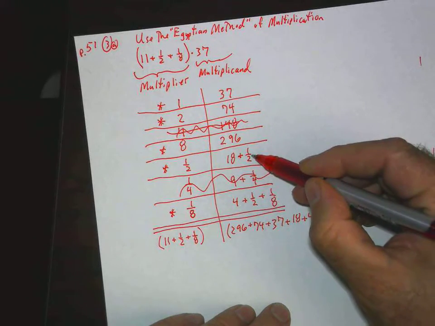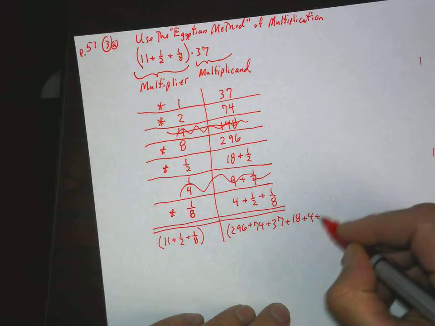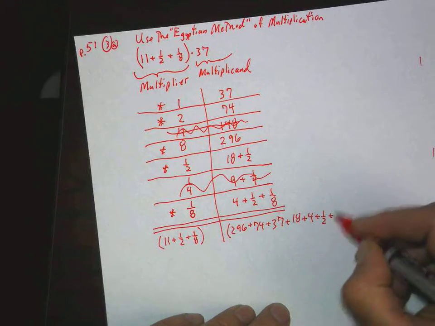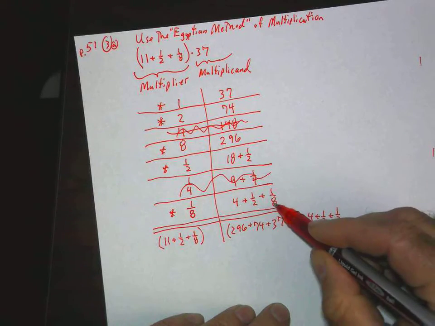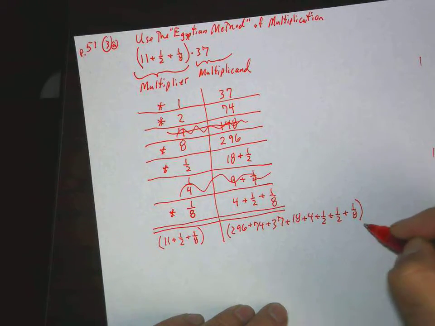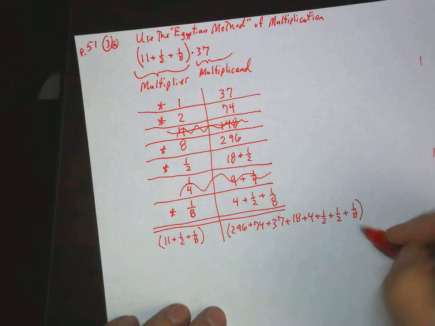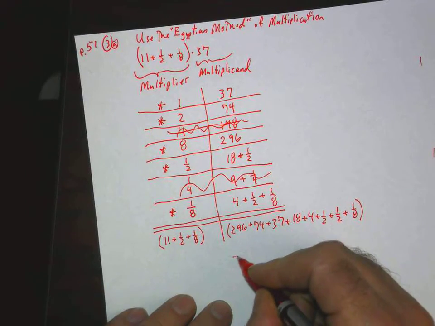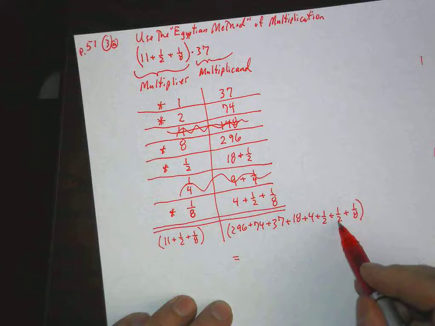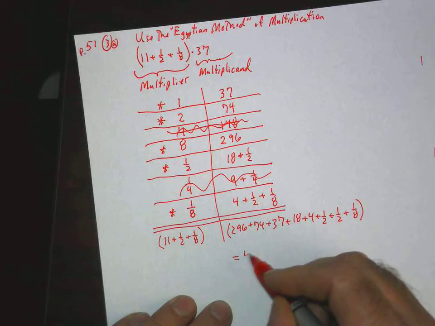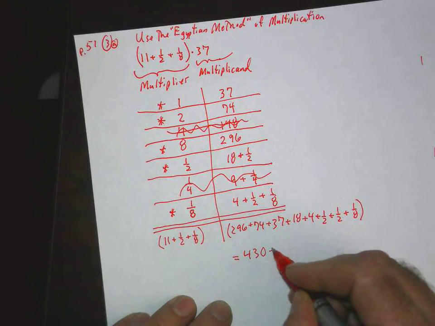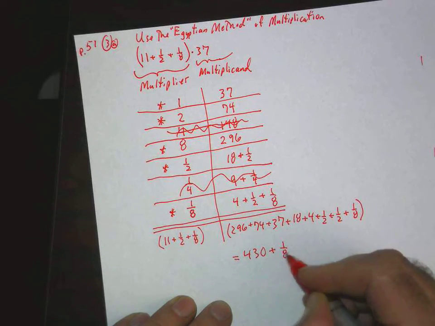Okay, plus this 1/2, plus this 1/2, plus 1/8. And that's going to get me, if I add all of these up, 430 plus 1/8.